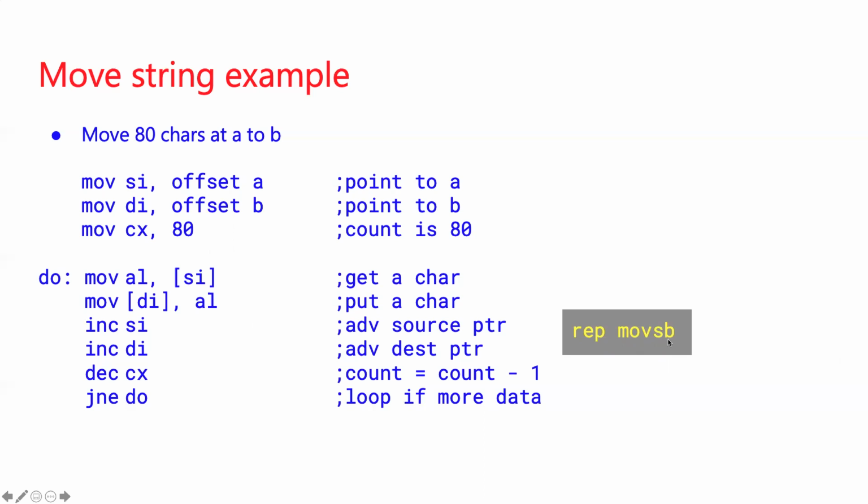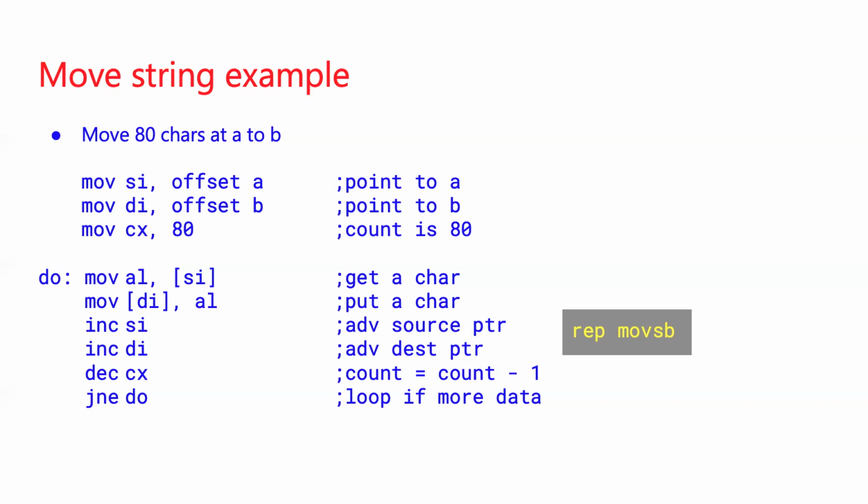It is made to copy from whatever the source index is pointing to whatever the destination index is pointing to. Those are each assumed to be in different segments. I think the source index is coming from the data segment, and I think the destination index is going to the extra segment. You could always make those segment registers point to the same place, and then you could easily copy within the same segment.